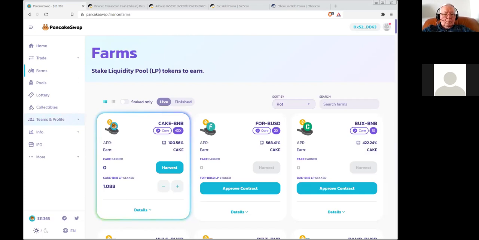Okay. And that's an interesting point too, because a week later, if the price of Binance stayed the same, but Cake is now worth more, and you get out the 50-50, you're going to get out less Cake tokens because they're worth more. So there's a few moving parts on this.